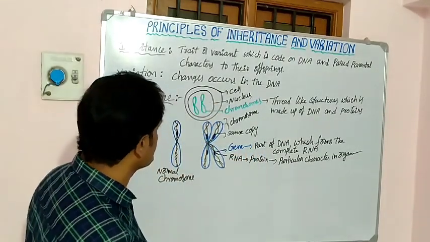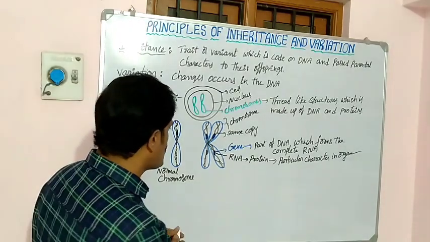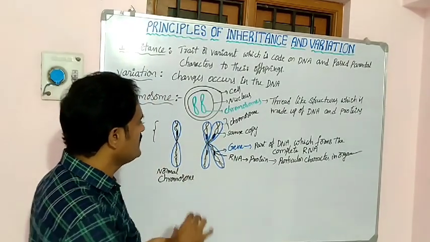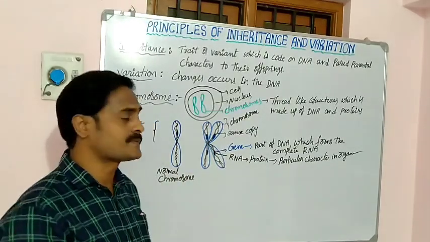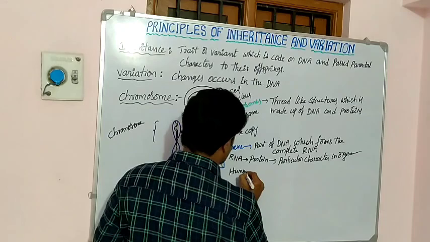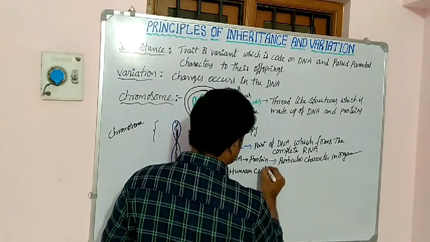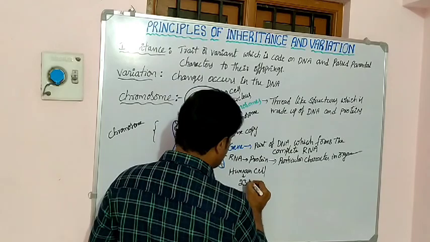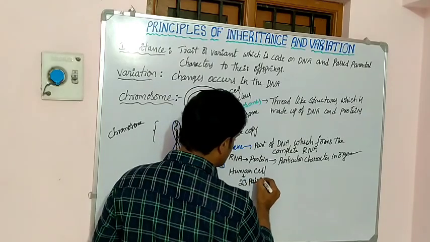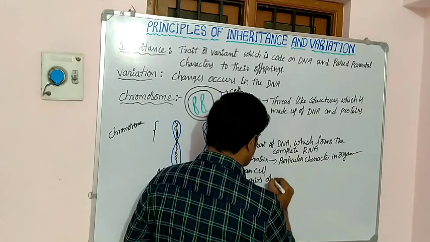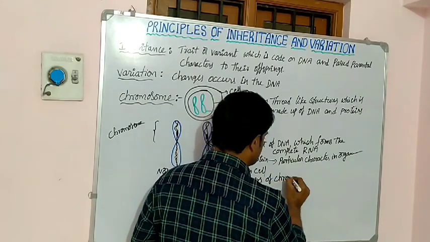Then we are going to the next one. These chromosomes: how many chromosomes are commonly present in a human cell? That is very, very important. The human cell consists of 23 pairs of chromosomes. 23 pairs of chromosomes, remember.